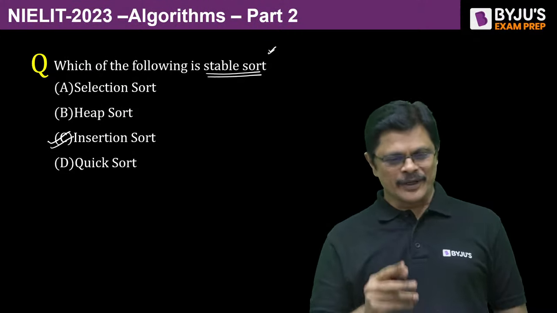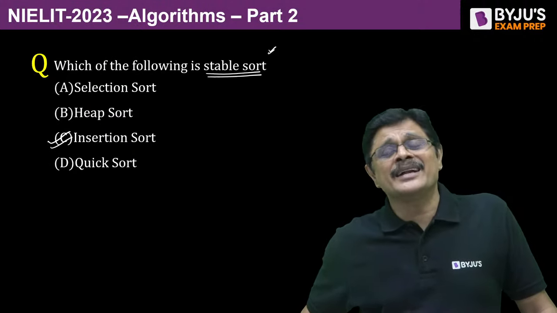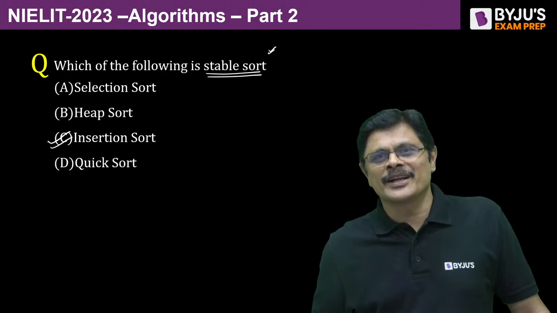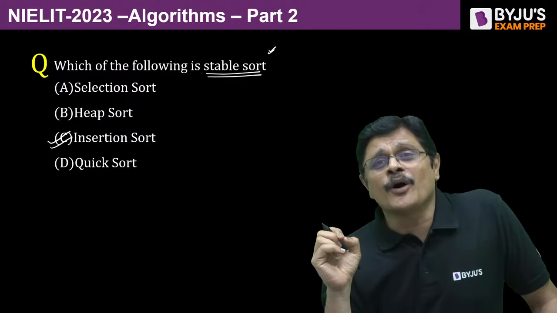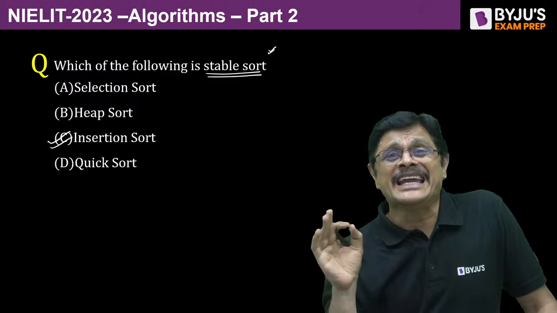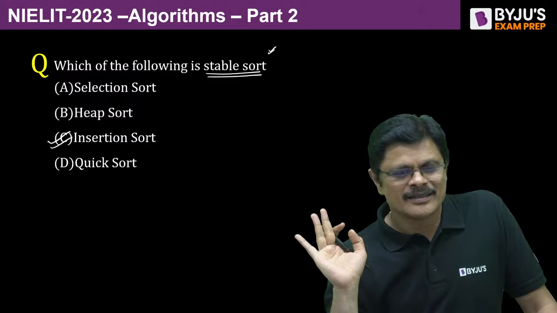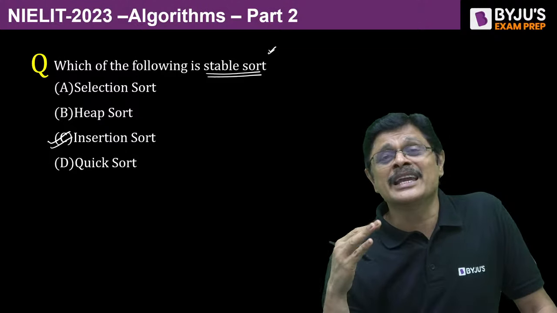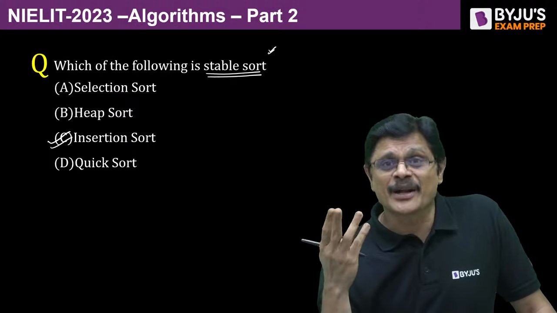Very good, Manishankar. Bubble sort, merge sort, and insertion sort. They are the stable sorting algorithms. See, stable sort means the relative order of equal keys is maintained. The equal keys order is preserved.